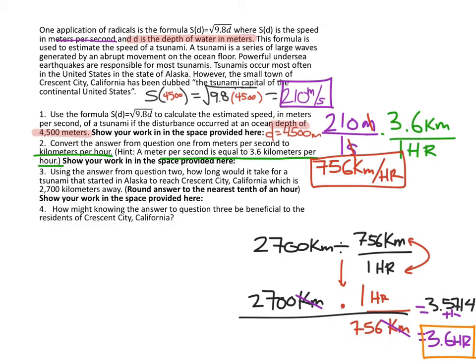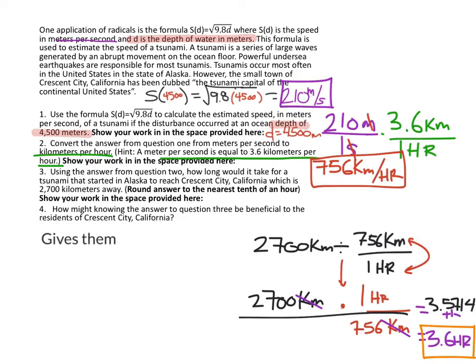So number 4, how might knowing the answer to question 3 be beneficial to the residents of Crescent City, California? Well, we got 3.6 hours. So it gives them some time to prepare for the coming tsunami, right? Some students say it gives them time to evacuate.